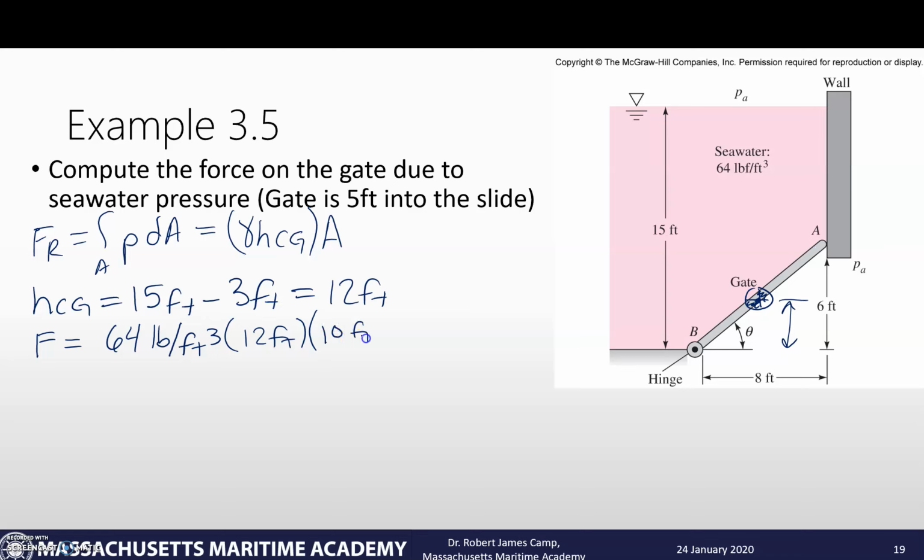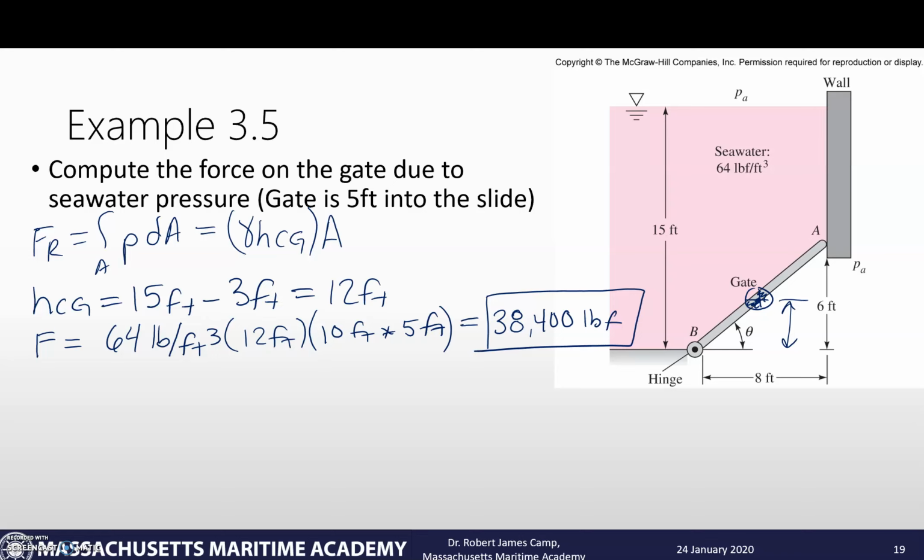So that's 10 feet times 5 feet, a 50 square foot gate. When I calculate this out, the resultant force is 38,400 pounds of force. Foot times foot squared is foot cubed, that cancels out, leaving pounds of force. So that's what I'm looking for.